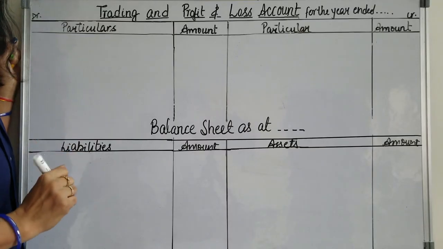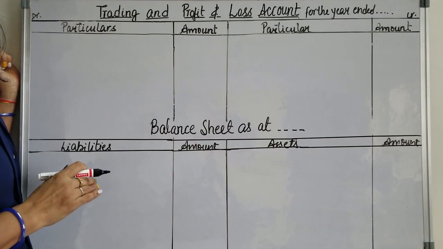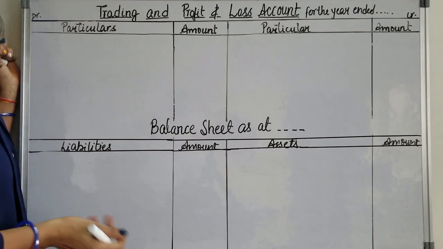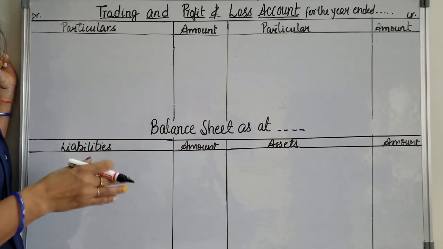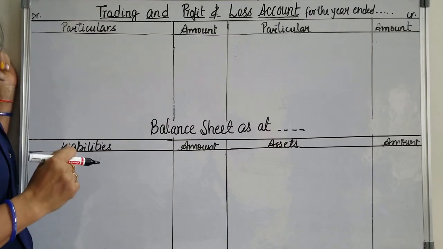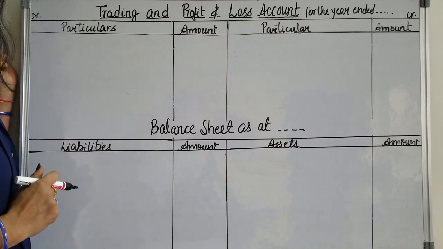Now suppose the amount of insurance is given on the debit side of the trial balance as rupees 1,500. As it is given on the debit side of the trial balance, it is an expense, right? And then in adjustments, it is given that prepaid insurance amounted to rupees 300.